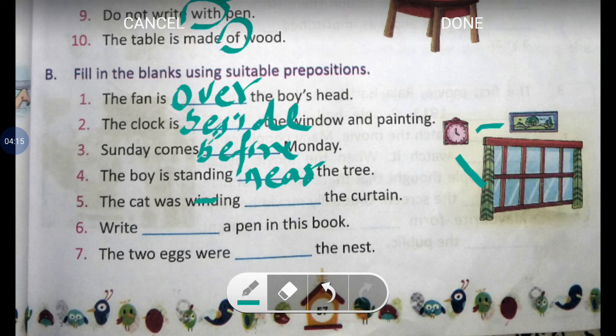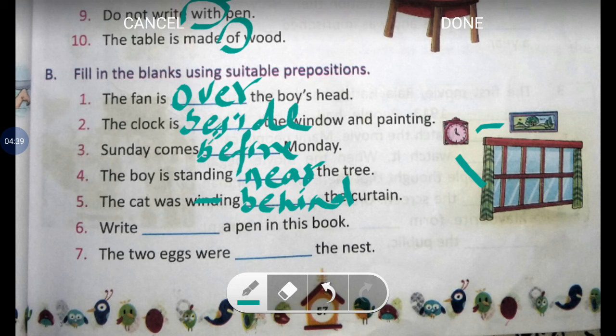Okay, so cut this and write hiding. Hiding means छुपना. Okay, so you have to correct it. The cat was hiding behind the curtain. So write behind here. Behind means पीछे. Okay.